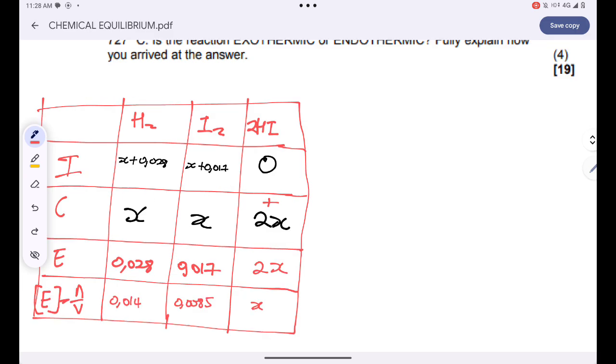So I now know that I can say Kc is equal to the concentration of my products raised to their stoichiometric coefficients, divided by the concentration of my reactants. The Kc value was given to us as 55.3.